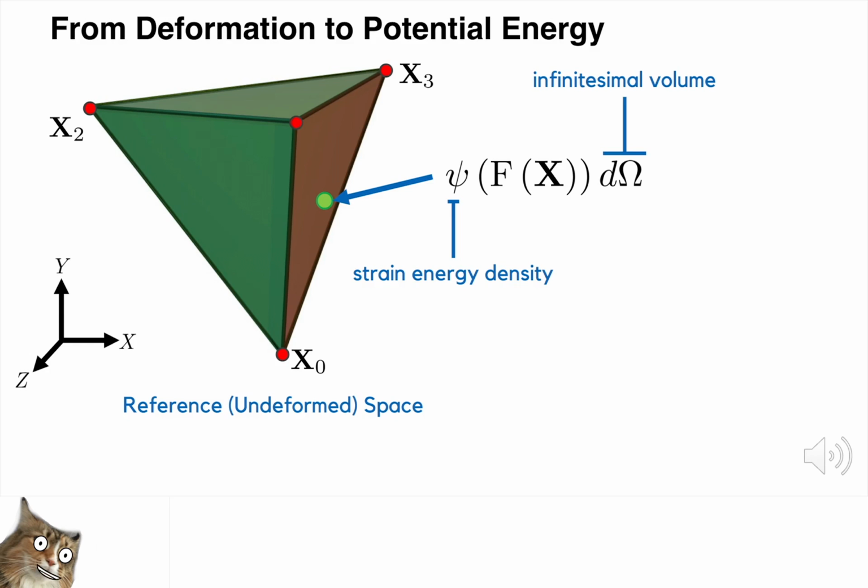Now there are a lot of choices for strain energy density function. Whole branches of science are devoted to defining these functions in a way that they reproduce the behavior of real-world materials. Practically, we either derive strain energy density ourselves or look up an existing formula in a paper or on Wikipedia, and here we're going to do the latter.